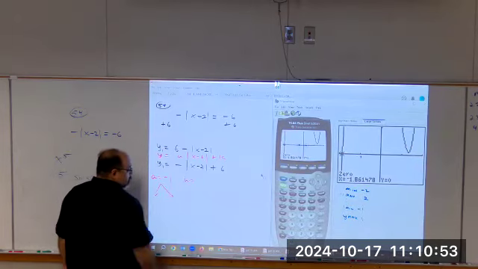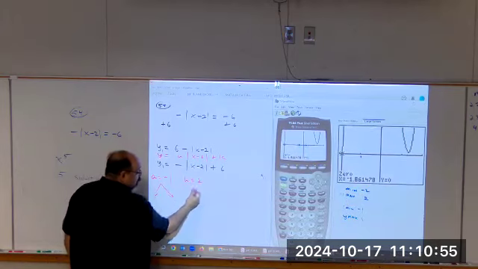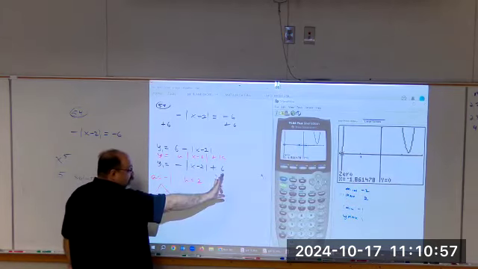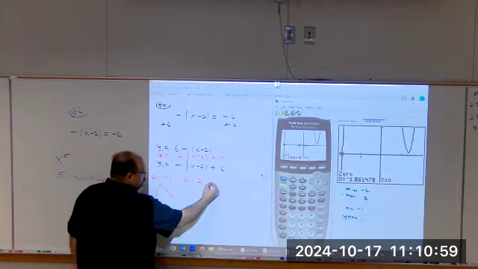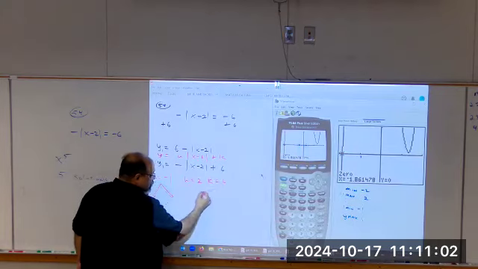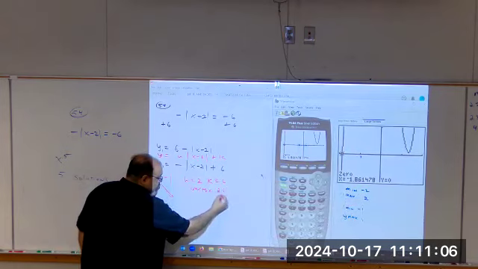What's the h? Positive 2. So it's going to get shifted to the right 2. What's the k? It's 6. So the vertex is supposed to be at (2, 6).